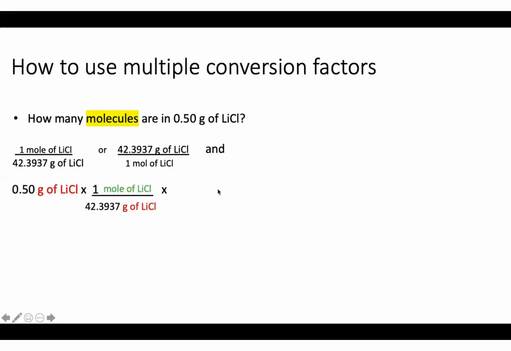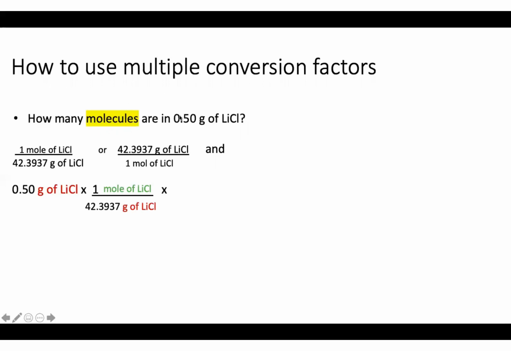Okay, let's do another multiple conversion factor problem. How many molecules are in 0.50 gram of lithium chloride? So I have a compound here. What should I do? I should use equation number 3 or 4 because I have compounds in those two.